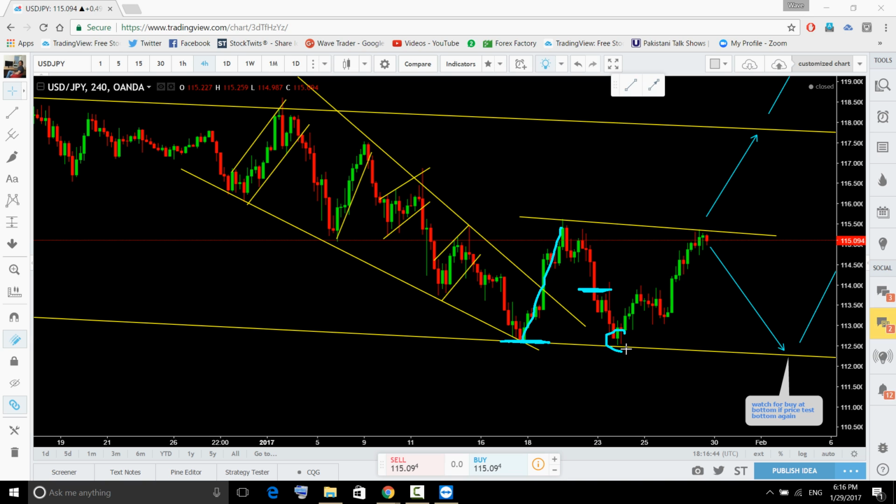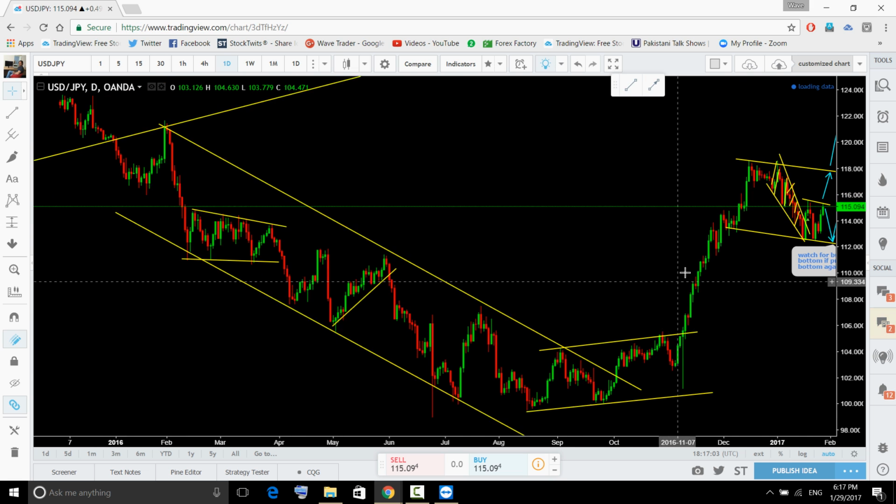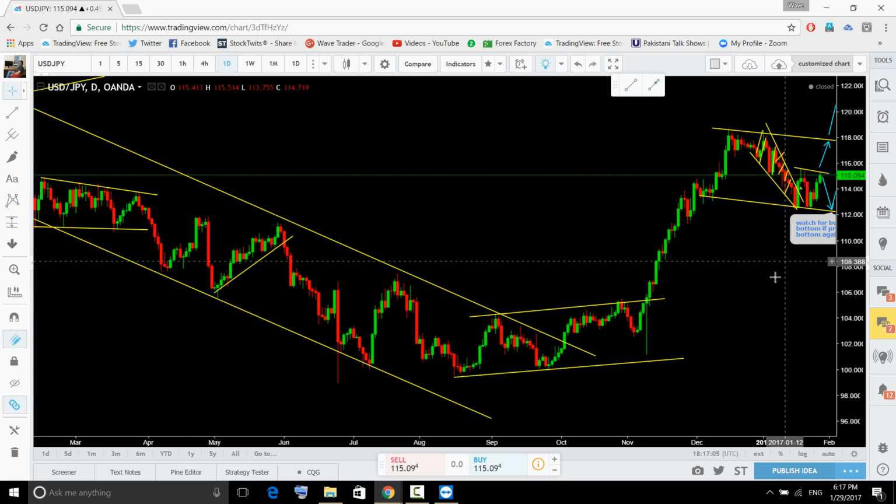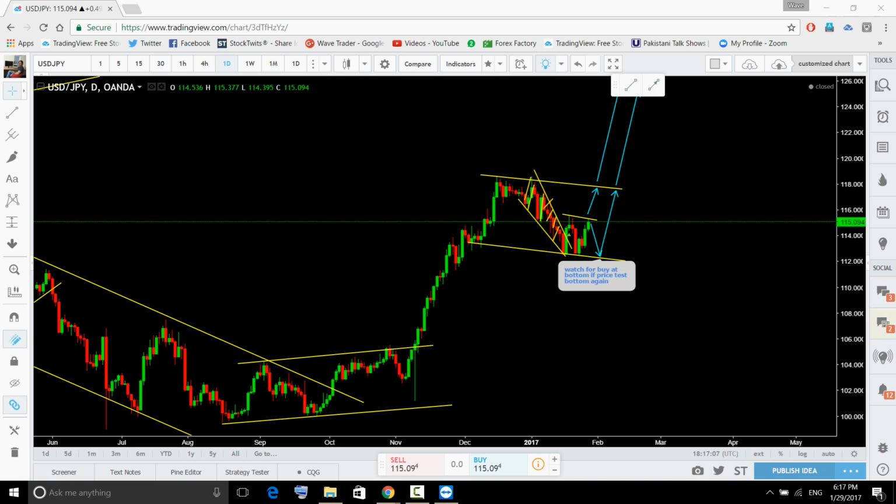We have seen it test that, this previous low. One more move down is possible within this pattern. The previous high is going to be the first target.